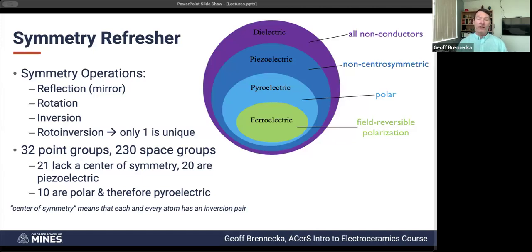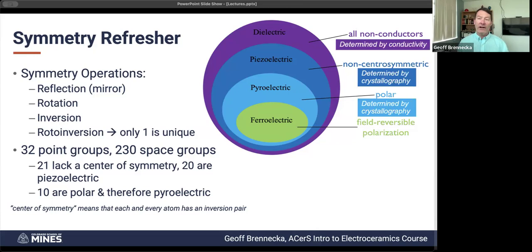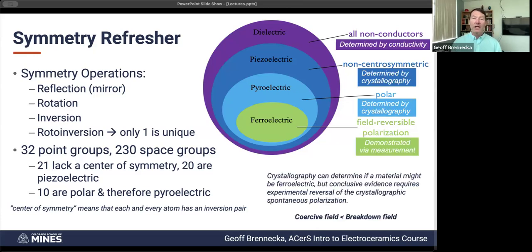We'll get into that in more detail later on. But just keep in mind that the ferroelectric materials are an experimental subset of the polar materials, of the pyroelectrics. And so that requires that you can apply an electric field and switch the direction of that built-in polarization.